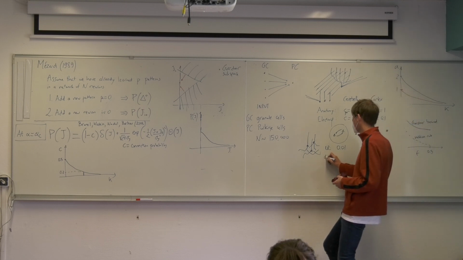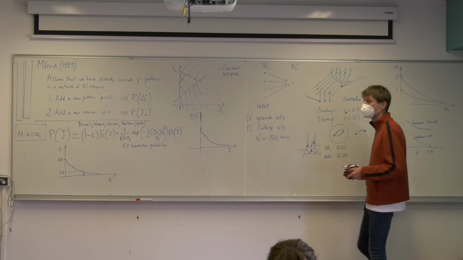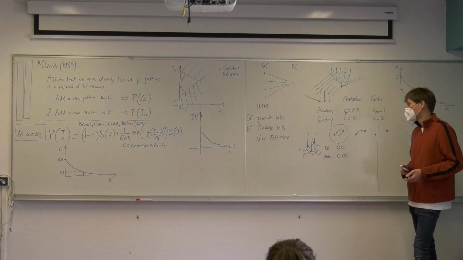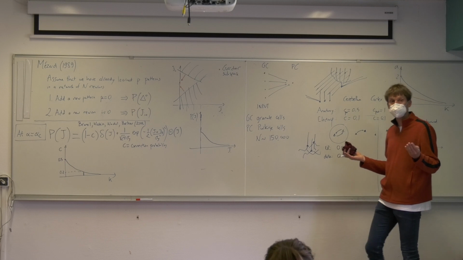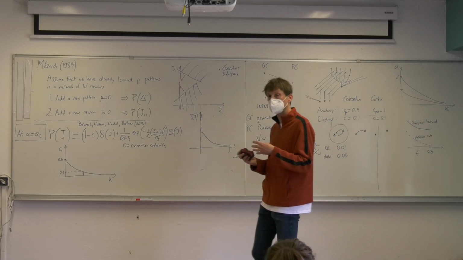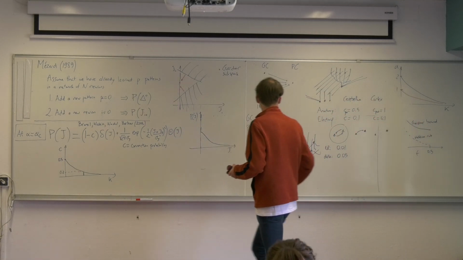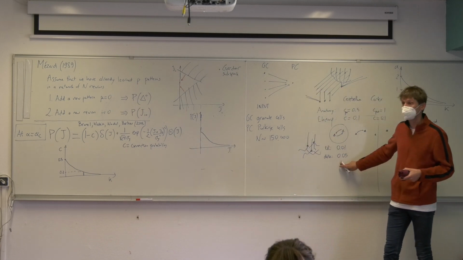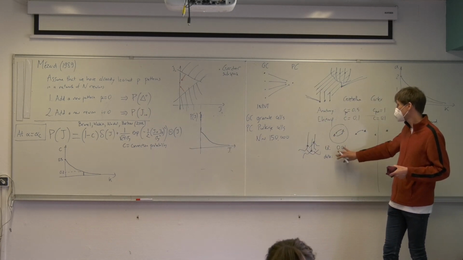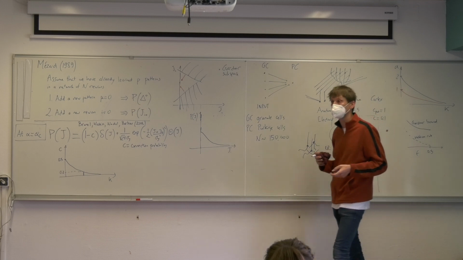The data tells you it's actually 5 times more likely. So the basic picture is a network intermediate between Erdős-Rényi and a perfectly symmetric network, where this would be 0.1, of course.